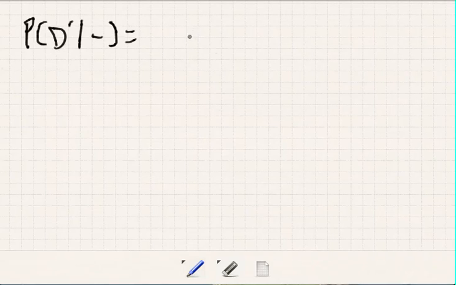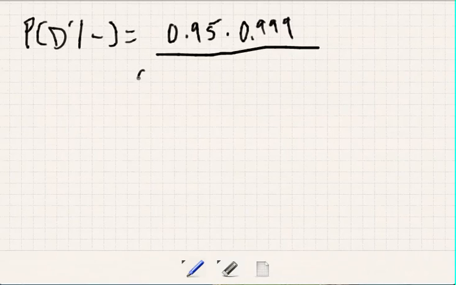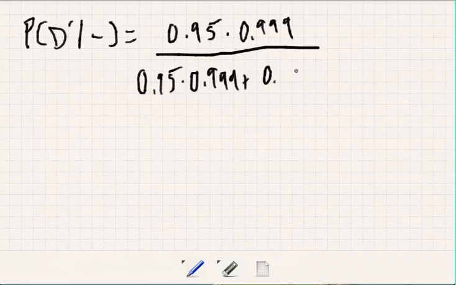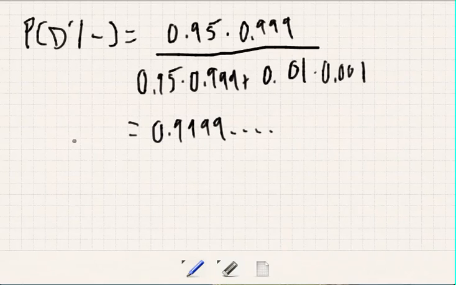But what this turns out to be is the probability that you test negative given that you don't have the disease, times the probability that you don't have the disease, divided by the same thing, plus the probability that you test negative but you do have the disease, times the probability that you do have the disease. And this works out to 0.9999 something. So this is actually good.